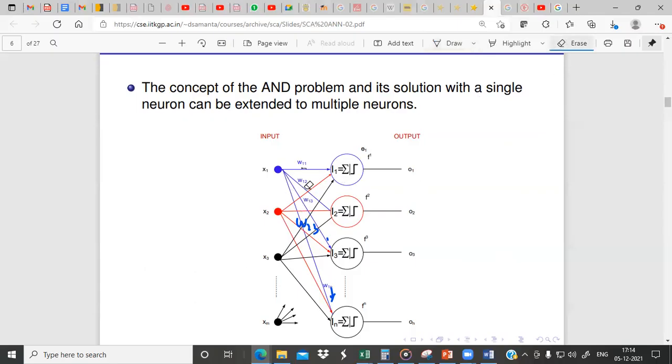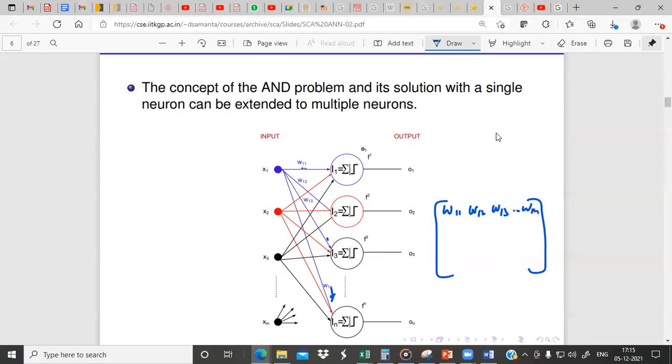So these weights can be represented as a matrix. We can represent the weight matrix something like this. First, let us consider the weights of the first input: W11, W12, W13, and so on up to W1n.